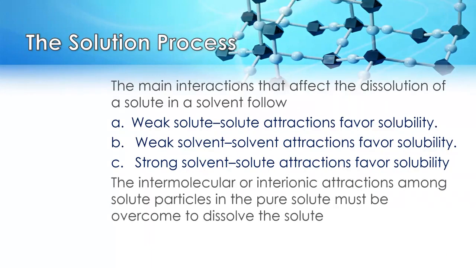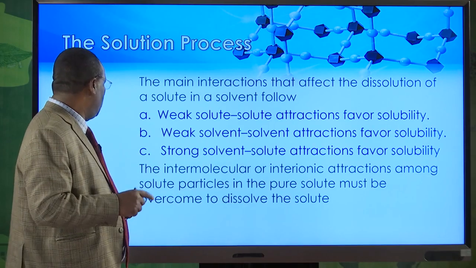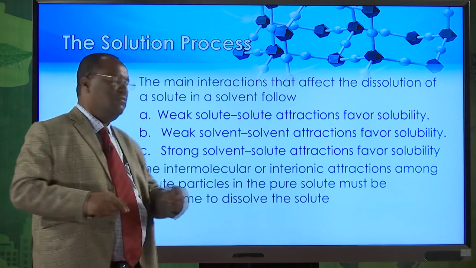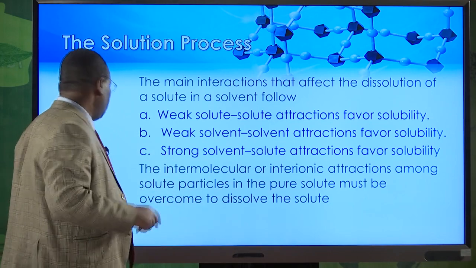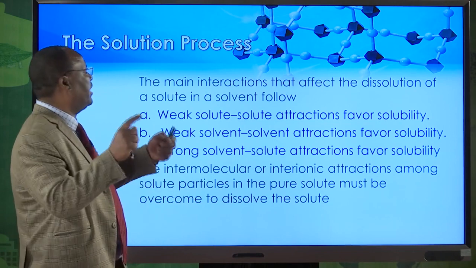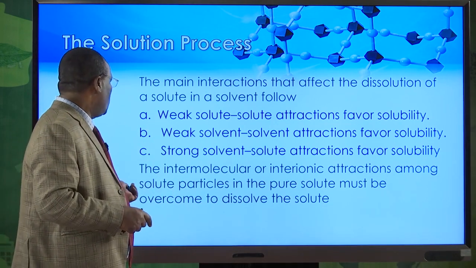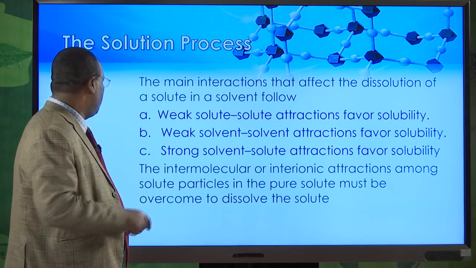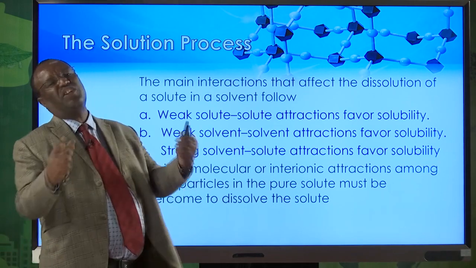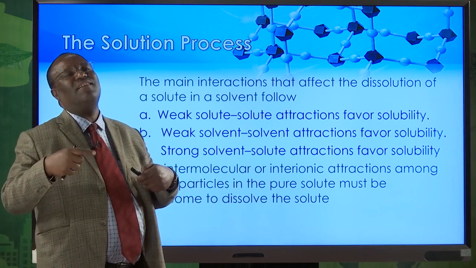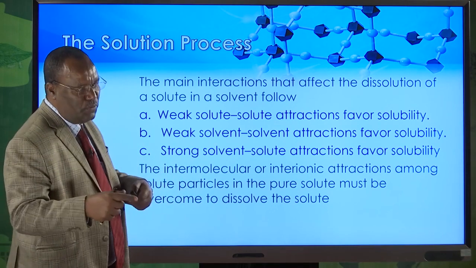The intermolecular or interionic attractions among solid particles in the pure solid must be overcome to dissolve the solute. The same thing is true for the solvent: the solvent intermolecular interactions should be overcome.